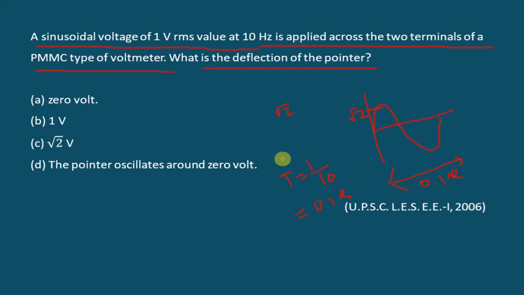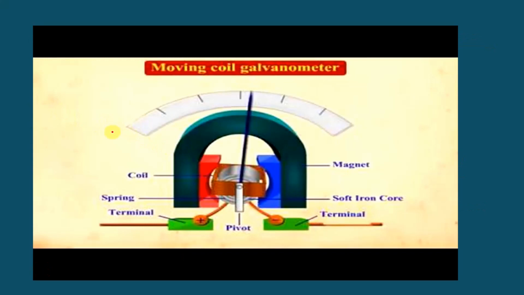I have told you earlier what will happen whenever you give an AC signal of low frequency, near about 10 Hz or 5 Hz, to the PMMC type. See, if this is the 0.1 second, then what will happen?